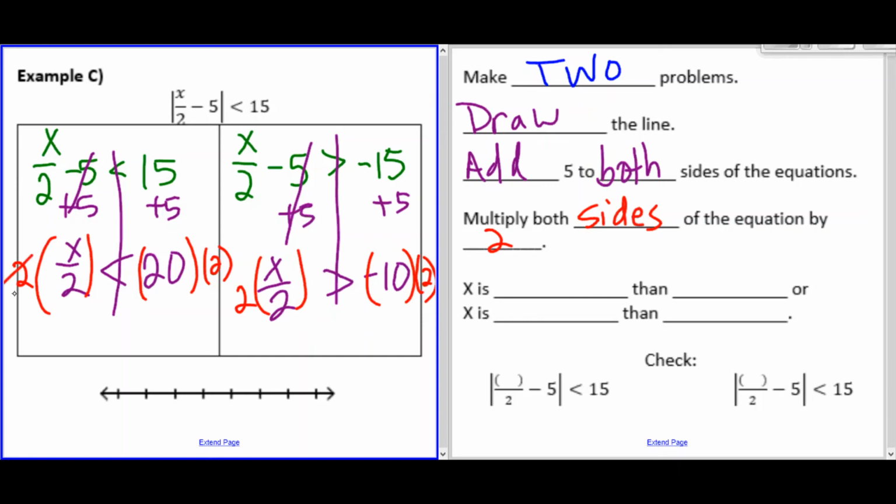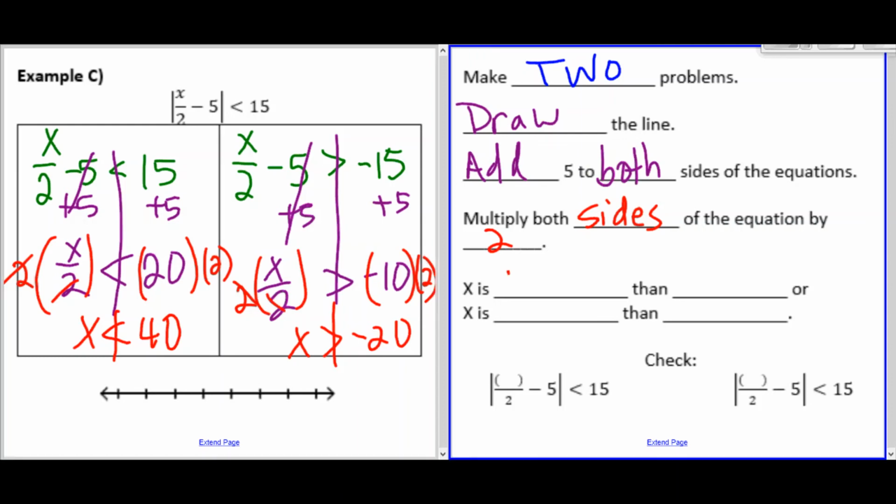These 2s cancel, and I get x is less than 40. And then these 2s cancel, and I get x is bigger than negative 20. So x is less than 40, or x is greater than negative 20.